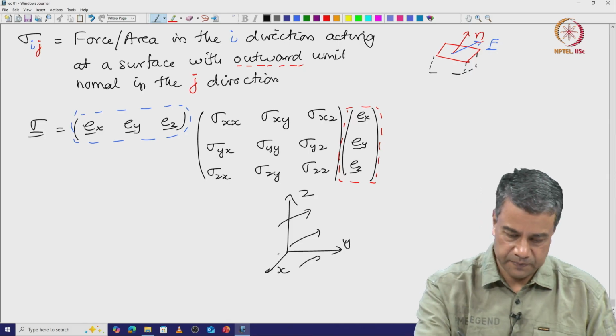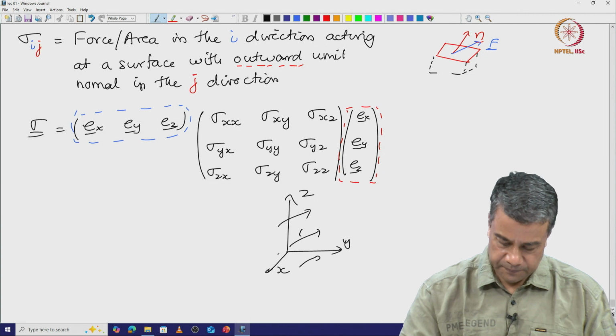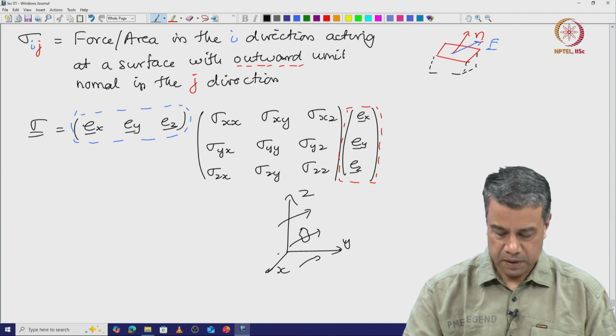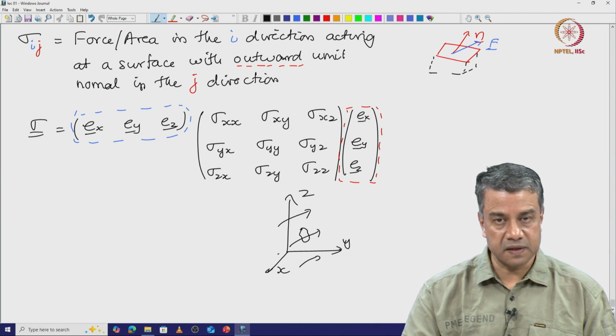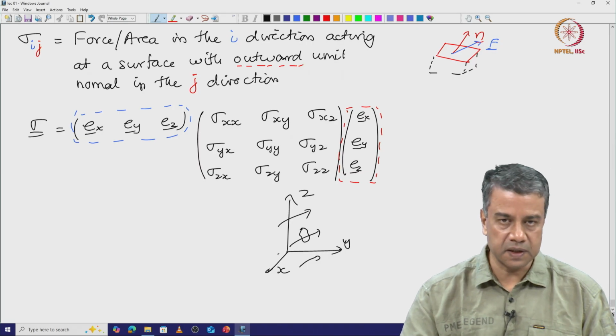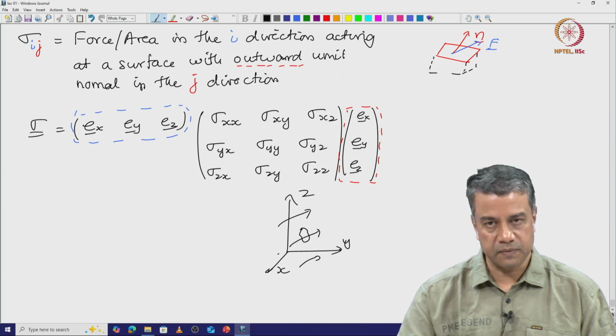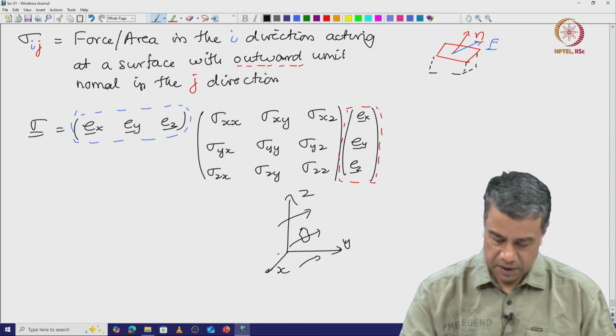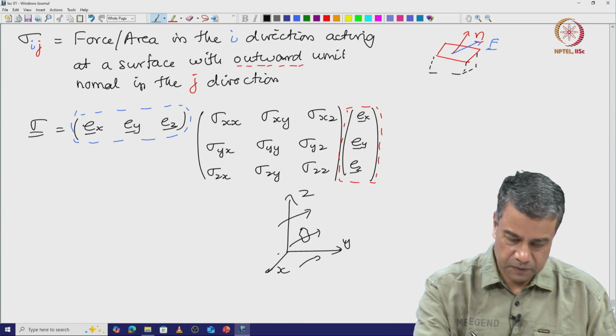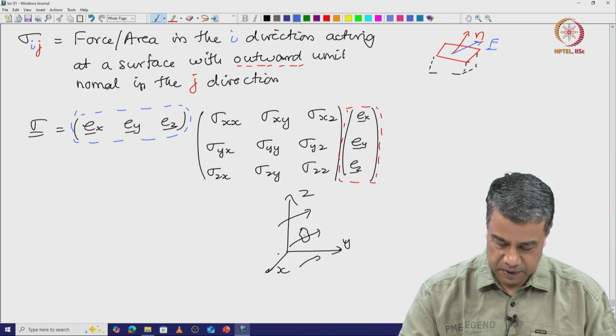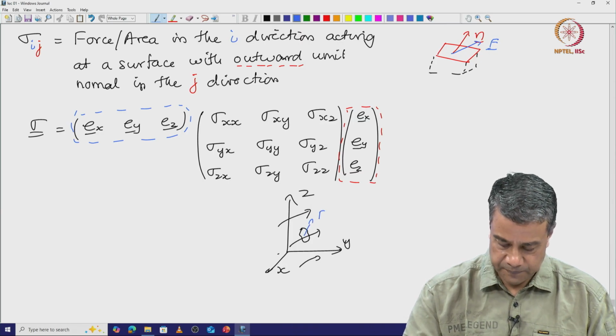If I have some surface here, the fluid on one side of the surface is exerting a force on the fluid on the other side, and these have to be equal and opposite forces exerted by the fluid on one side of the surface with the fluid on the other side.